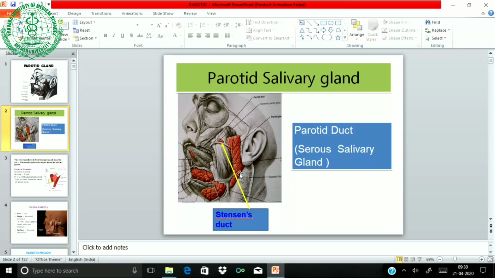The different salivary glands, all of you have learned already, like the submandibular salivary gland and the sublingual salivary gland. These are major salivary glands in the body.